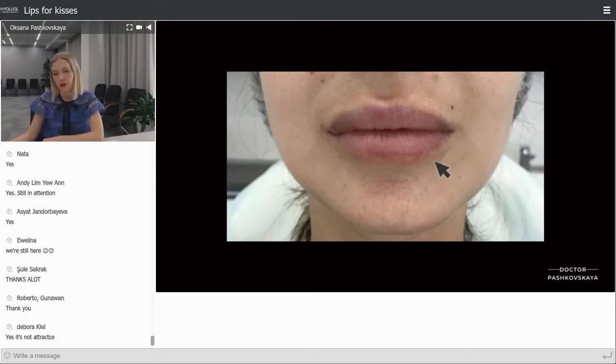The lips are really full, but the form of the lips is absent. There is no clearly defined form of lips. Form is what makes lips really attractive. So it's not easy to restore the form. Of course, I could remove the filler by hyaluronidase, but to restore the form is not so easy.